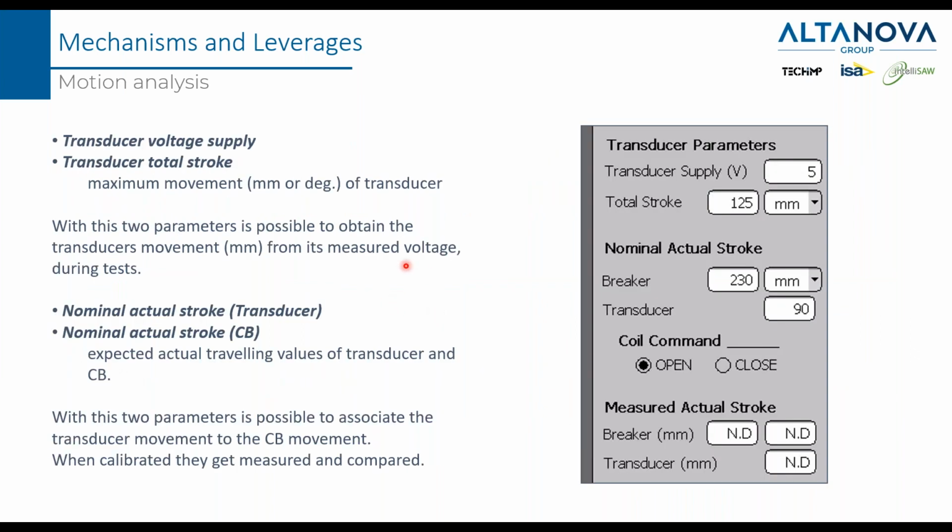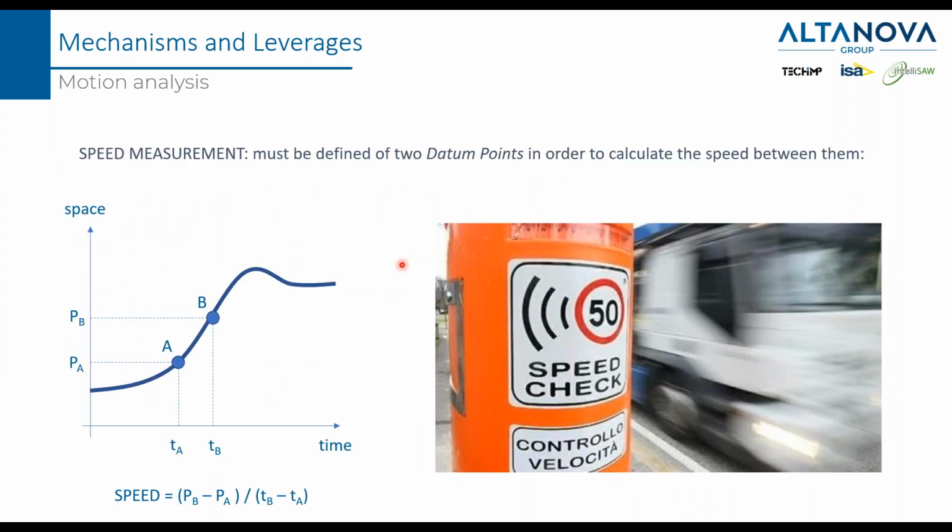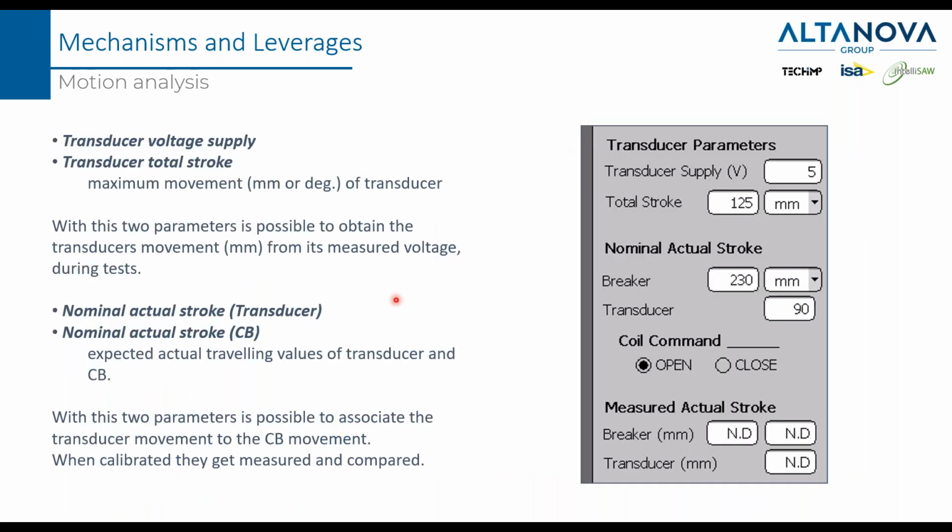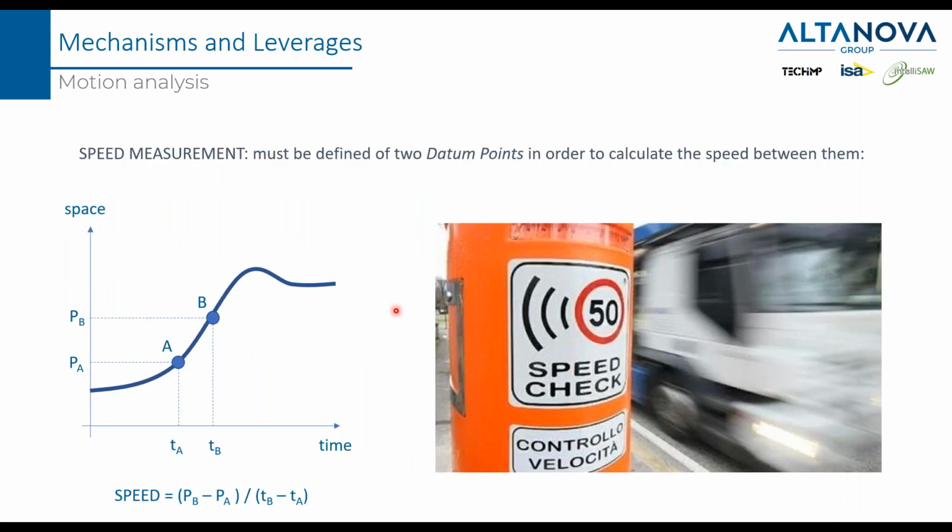So once you place the transducer and you get your correct mechanical coupling, what you are going to do is to measure also the speed of the mechanism, because I repeat once again, the speed is very important, because this speed has a direct impact on the opening and close time of your breaker.